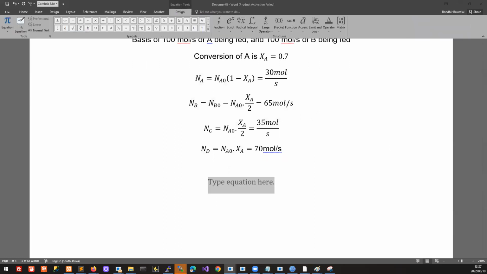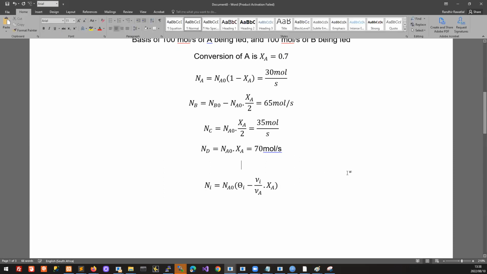And there's a nice easy formula, which we can write as Ni, the number of moles left over of component i, that's equal to NA naught, and we have here a capital beta sub i, minus nu sub i over nu sub A times XA.